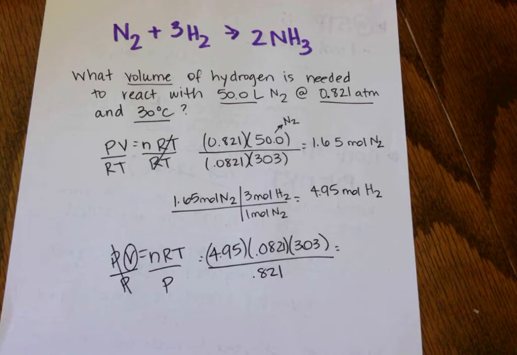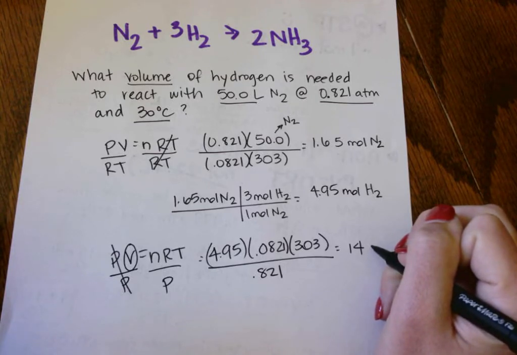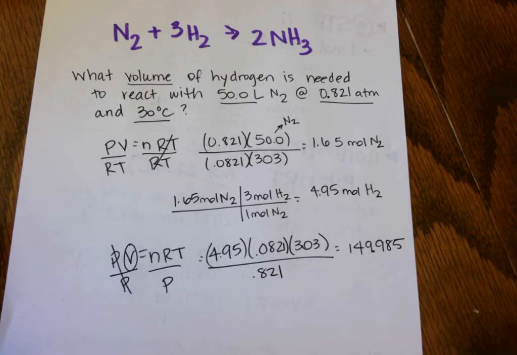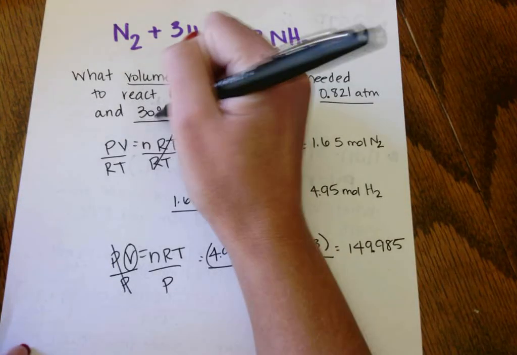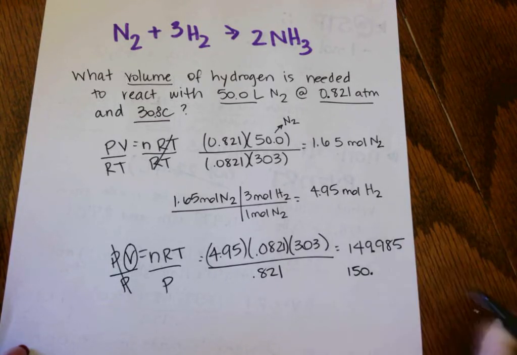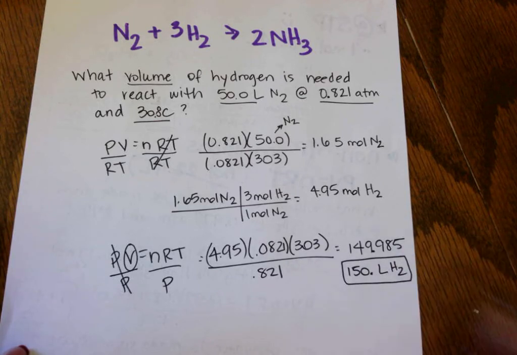And you get 149.985. This does kind of screw up our 3 sig figs. To get my 3 sig figs, it's just 150 liters of hydrogen gas.